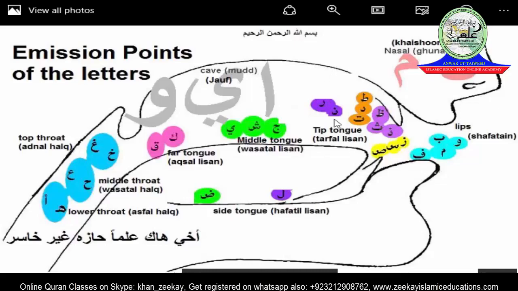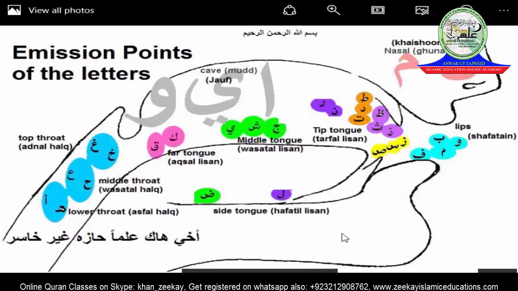So this is the origin of letter lam. Again, the edge of the tongue touches the palate, the part of the palate which is in between the premolars of the right side and the premolars of the left side. An easy way is to touch the tongue's edge to our palate.